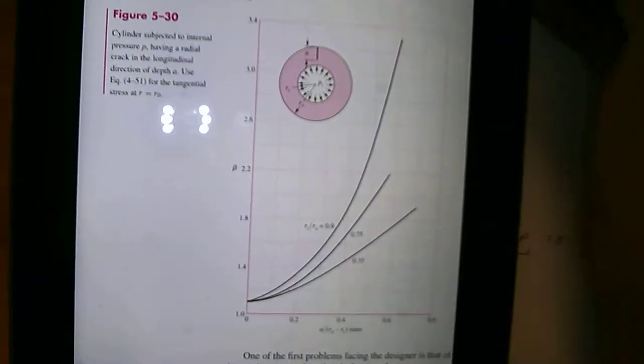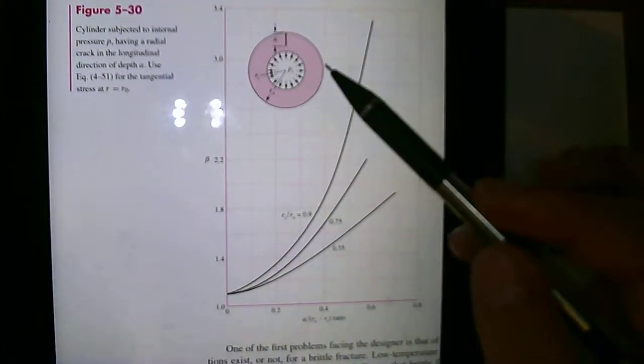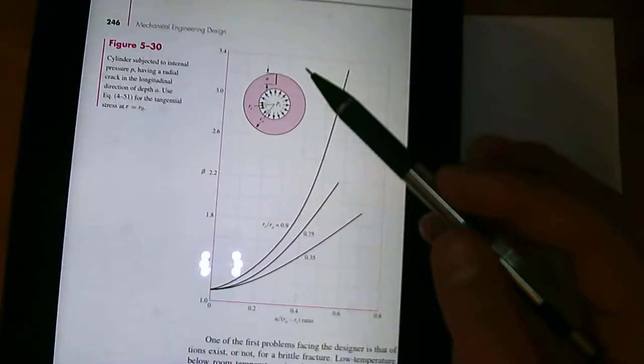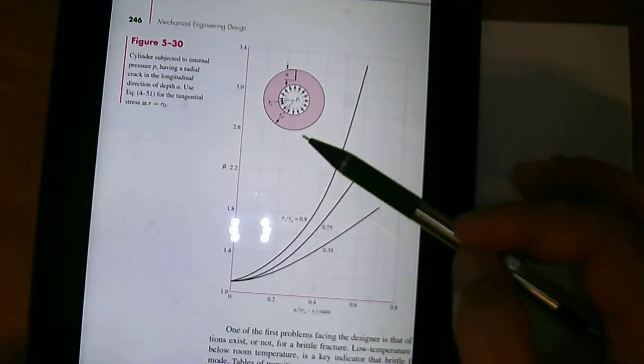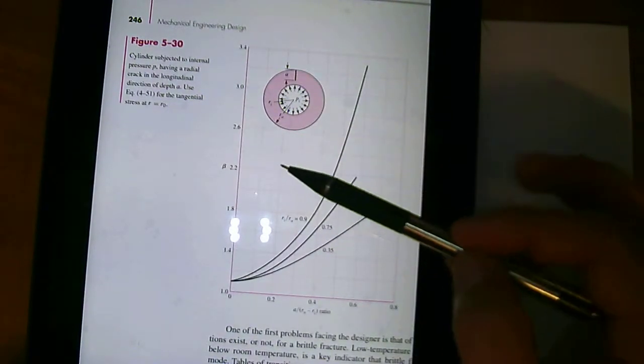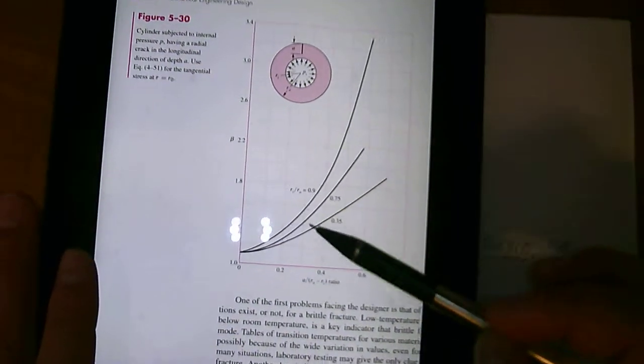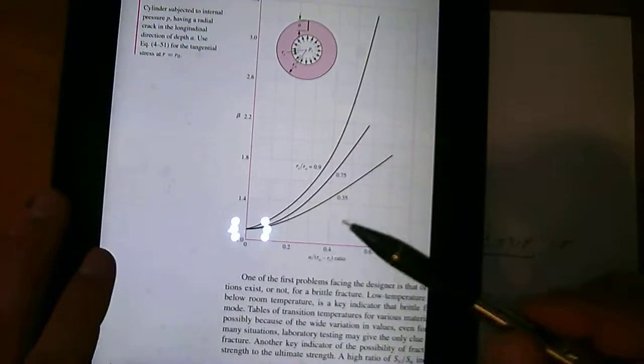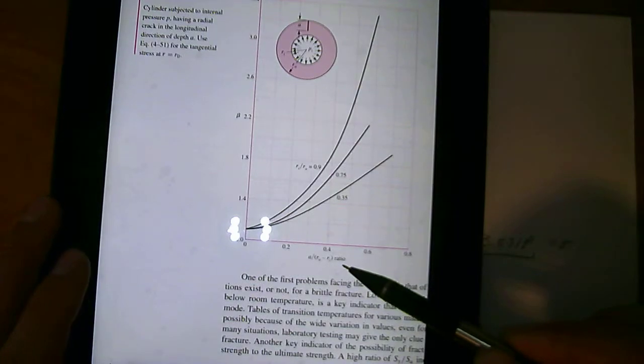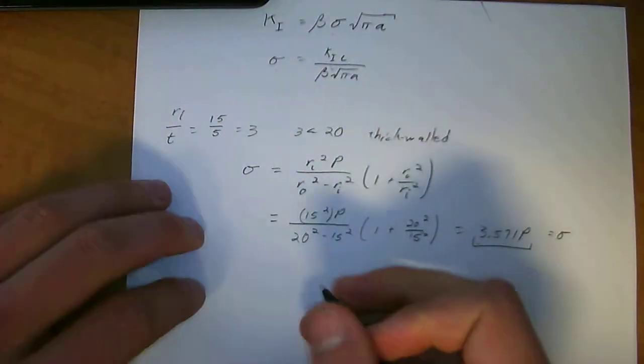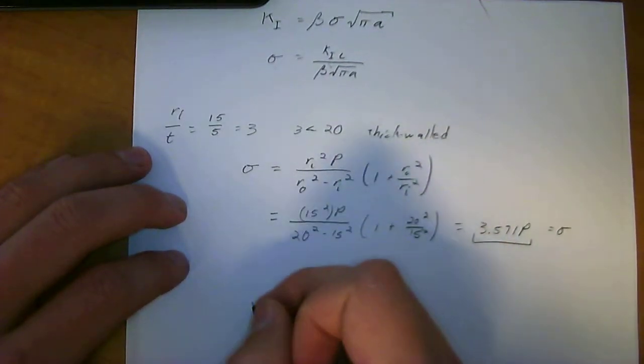Beta is a value that you get from a chart within the book. This is the chart right here. You have to find basically the superposition situation that kind of relates to yours. So we have a crack inside of a pressure vessel that's thick-walled. So we need to find a over r_outer minus r_inner. That's what that says down there. I'm going to write it out here.